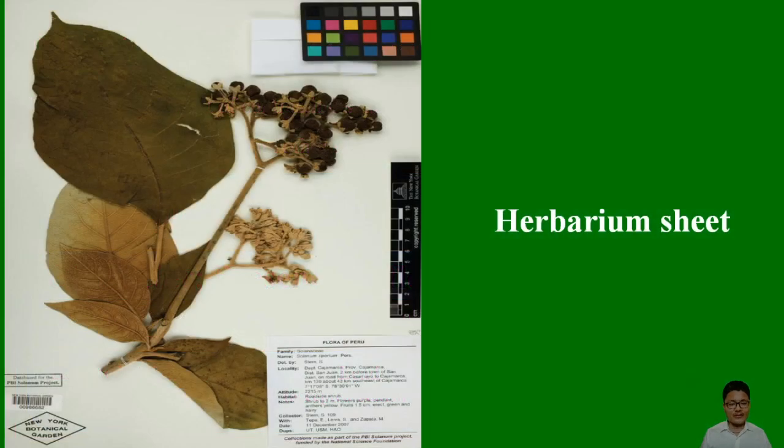Now, herbarium sheets are special sheets on which we mount plant specimens, whether they are parts of a plant, the leaves of the plants, the inflorescence, or any part of the plant.